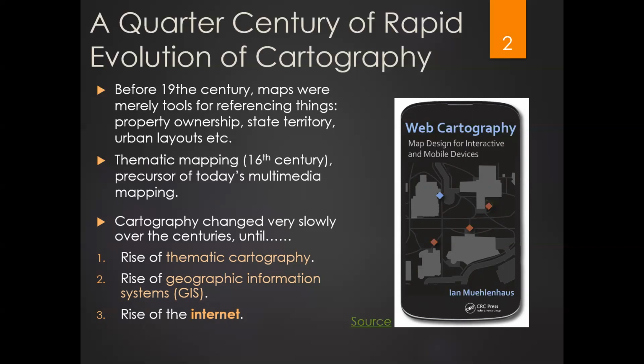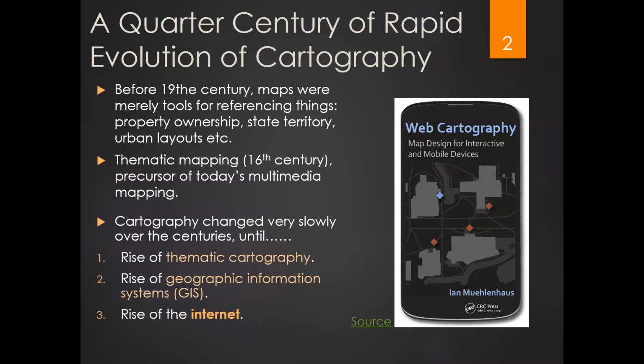The first one is the rise of thematic cartography. People realized that, okay, we may want to emphasize a specific topic in a map instead of only providing locations. The second milestone is the rise of GIS, which is Geographic Information System or Geographic Information Science.